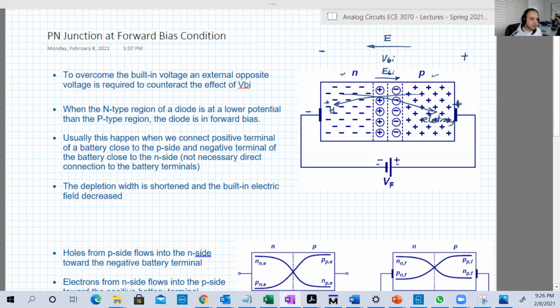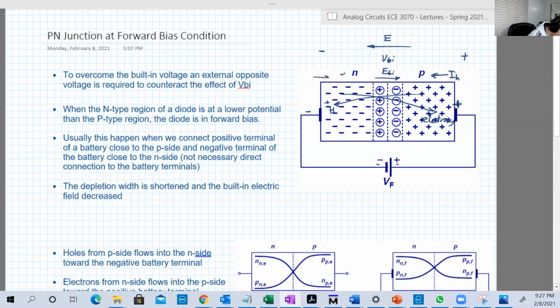Now, where is the current? We have two carriers now moving in opposite directions. Do they make opposite currents, so the resultant current will be zero? No. Basically, the current of the holes is in the same direction as the holes, so the hole current I_H is in that way. The current of the electrons is in the opposite direction to the electron motion.